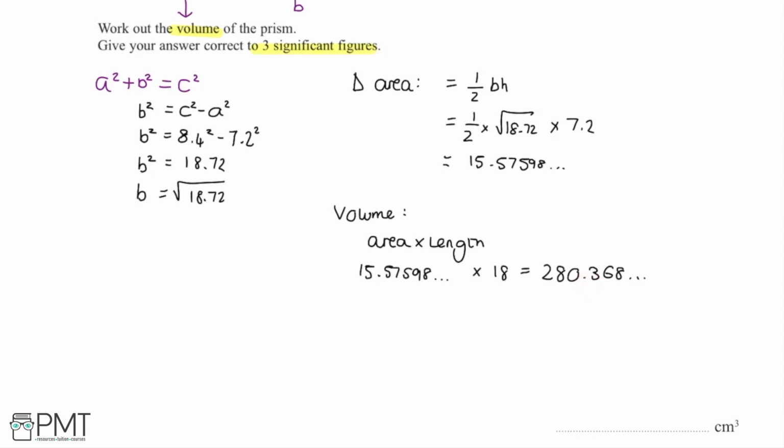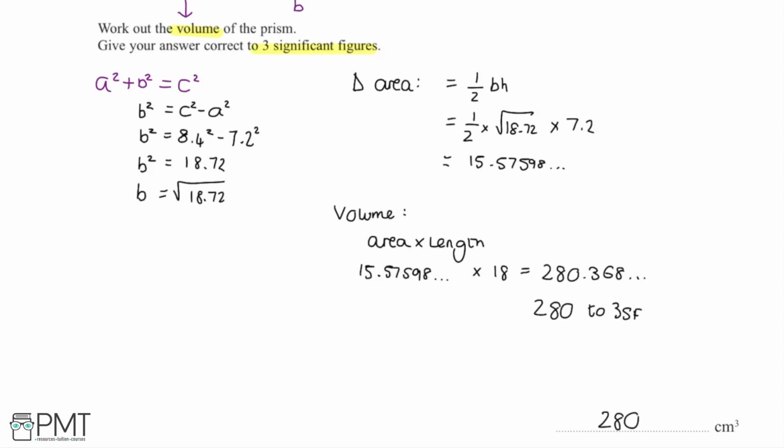And it's a 3, so 3 is less than 5, so I'm rounding down. So this takes us down to an answer of 280 to three significant figures, because the fourth significant figure is less than 5. So I can then write in the answer of 280 here to gain the final mark for this question.